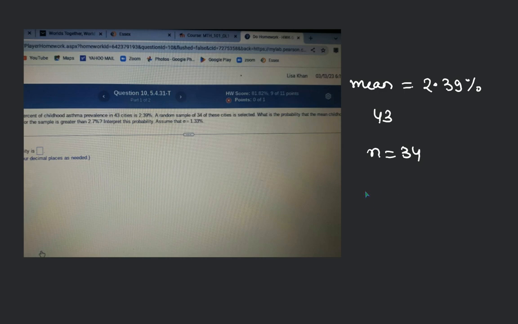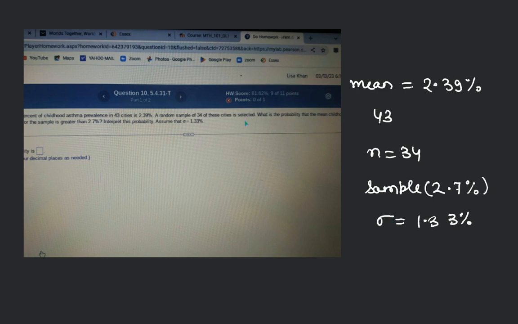What is the probability that the mean childhood asthma prevalence for the sample is greater than 2.7%? Then it says interpret this probability and assume that the standard deviation is equal to 1.33%.